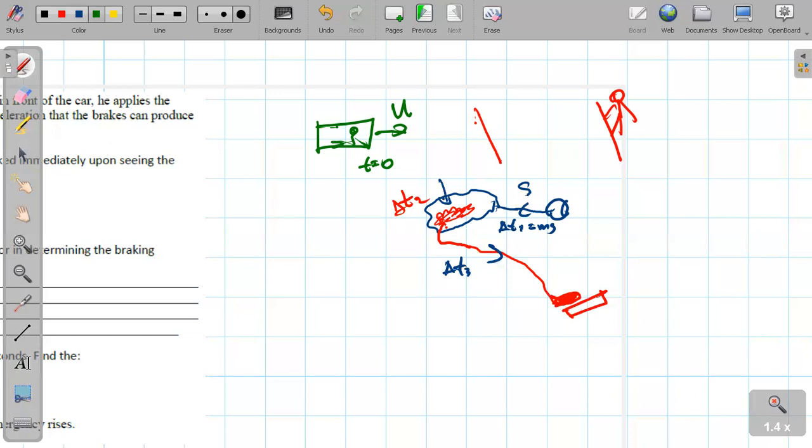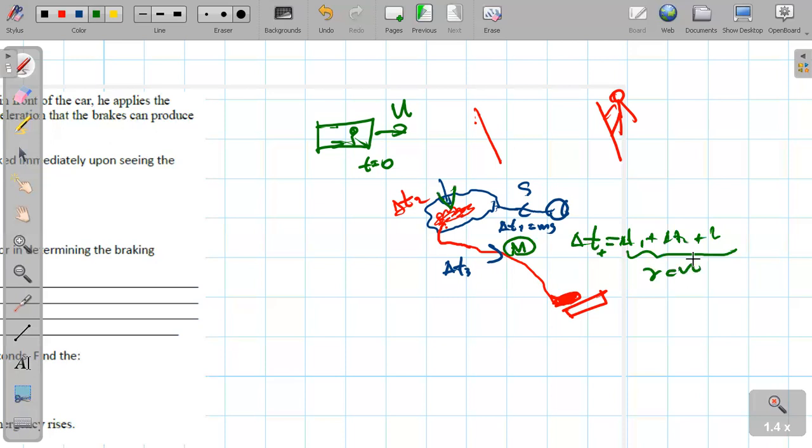I can't remember the name for this intermediate stuff, but there are things called motor neurons. The motor neurons carry this signal, and finally it will take a total time of delta t1 plus delta t2 plus delta t3. All together we call this the reaction time.